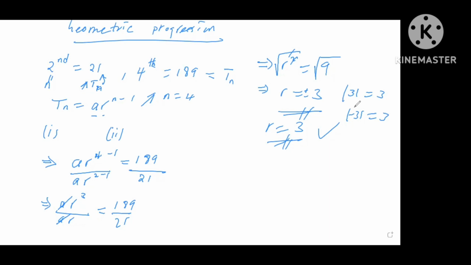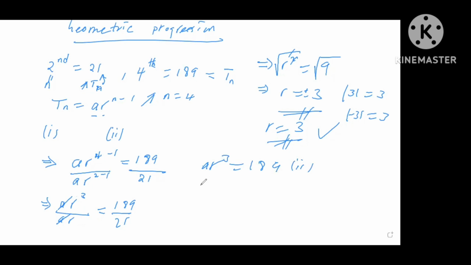Okay. So now, since we have got the value of r, we can just go back to our equations. You can choose either the top equation or the one without cancelling, because we have got ar to power 3 is equal to 189 as equation 2, right?